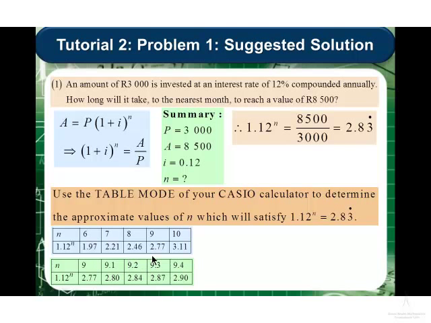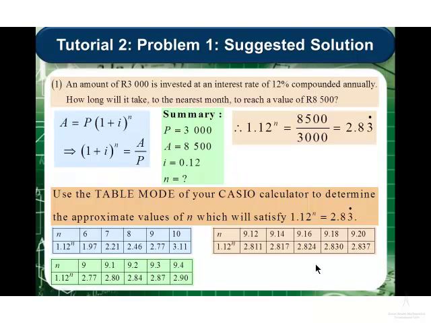And we can even break it up further, as we've done, and you can check this with your calculator, to have our output value to 3 decimal place accuracy, and we've broken up the input values to 2 decimal place accuracy. In this case, starting with 9.12 and ending with 9.2.